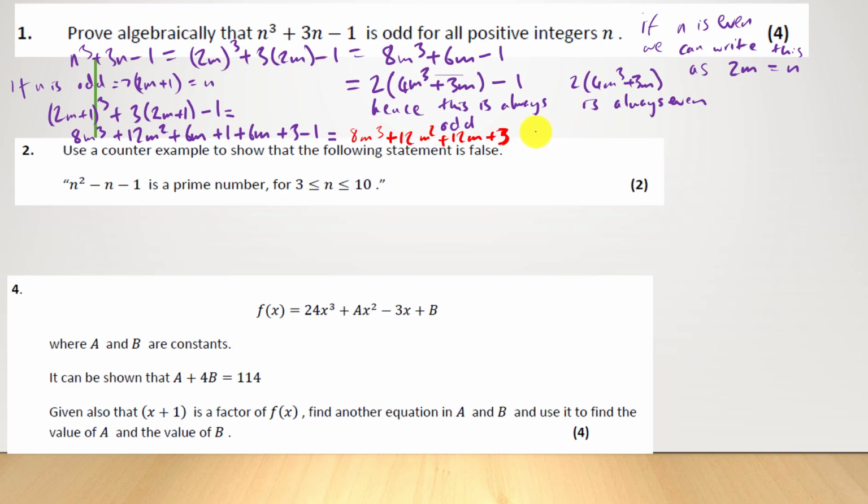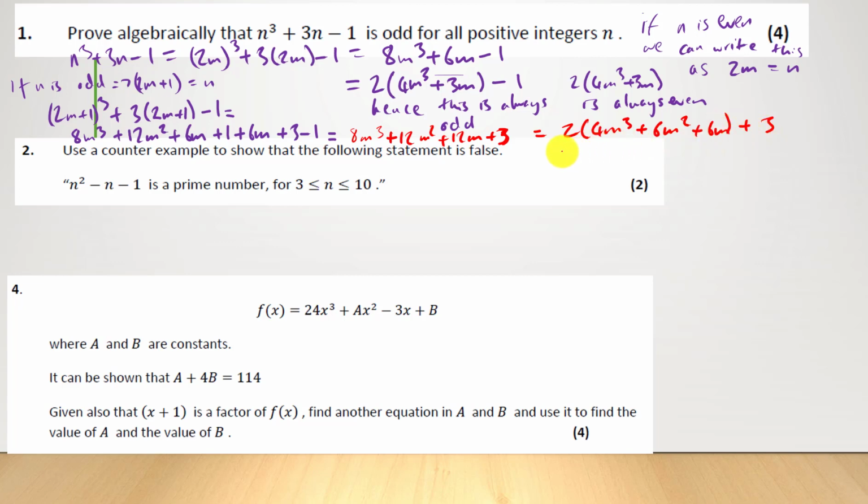So that's going to equal 2(4m cubed plus 6m squared plus 6m) plus 3.